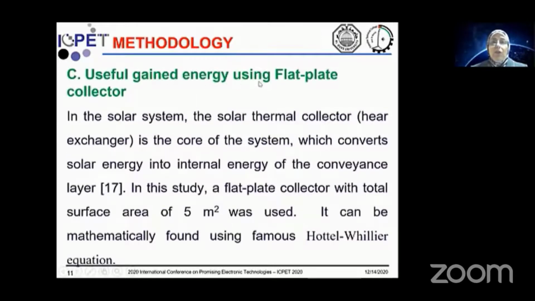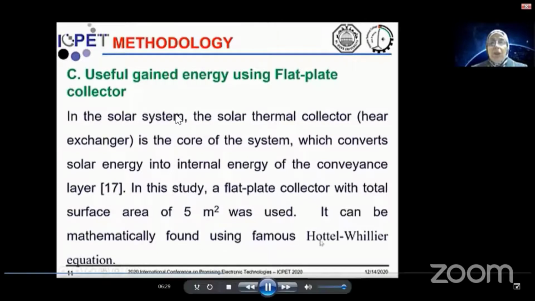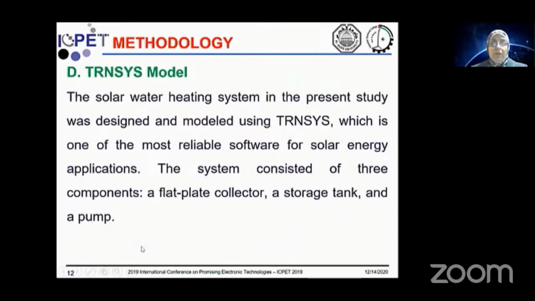Useful gained energy using a flat plate collector. In the solar system, the solar thermal collector heat exchanger is the core of the system, which converts solar energy into internal energy of the conveyance layer. In this study, a flat plate collector with total surface area of 5 square meters was used. It can be found mathematically using the famous Hottel-Whillier equation.